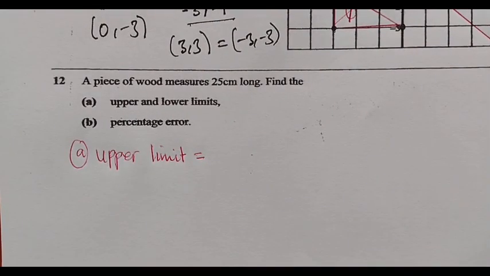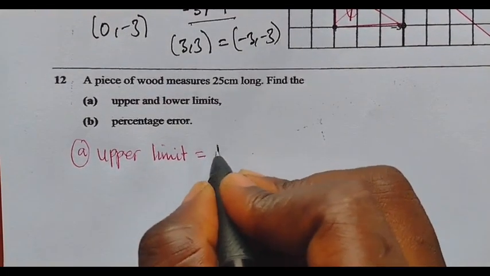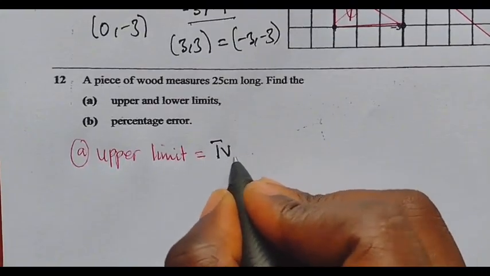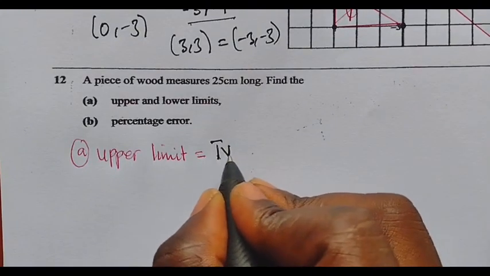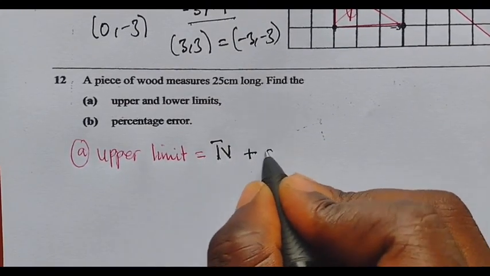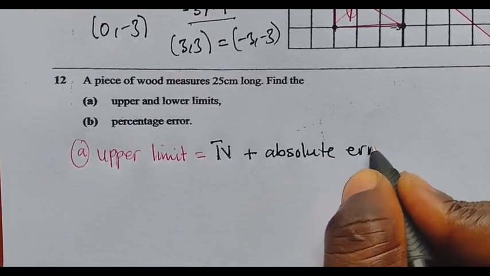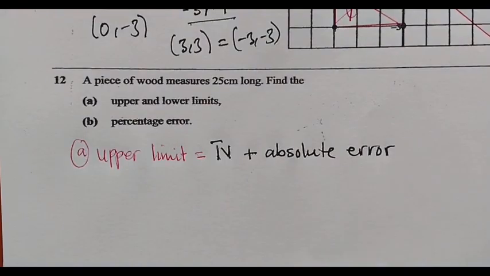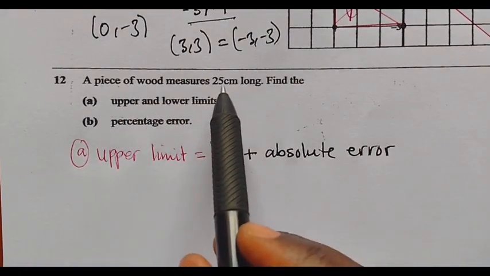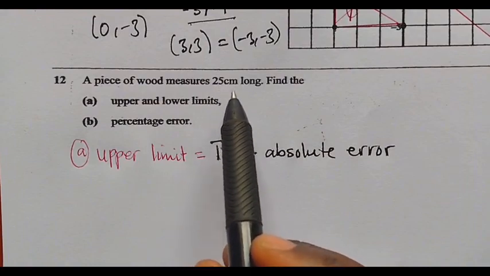To find the upper limit, the formula is just true value plus the absolute error. True value, TV, T stands for true, V for value, plus absolute error, like this. It's important that you take note of something. Here, the true value is 25 centimeters, which is a whole number.